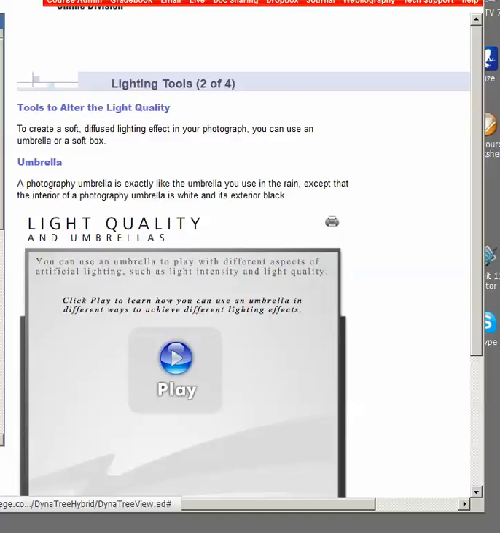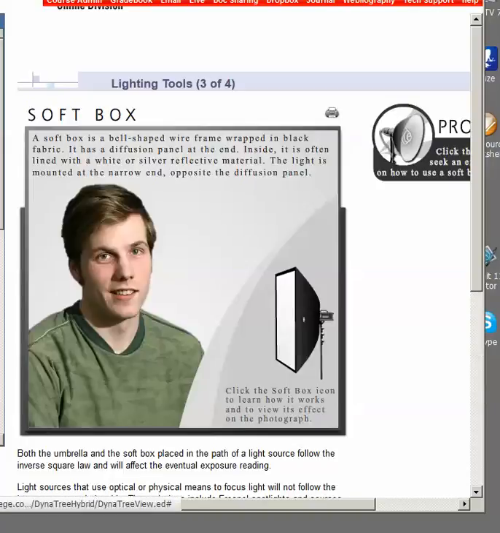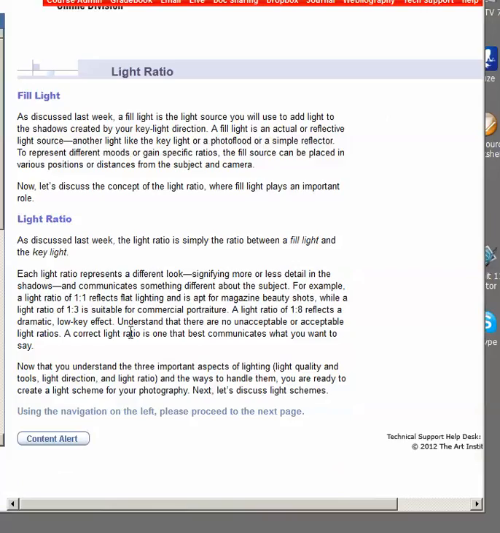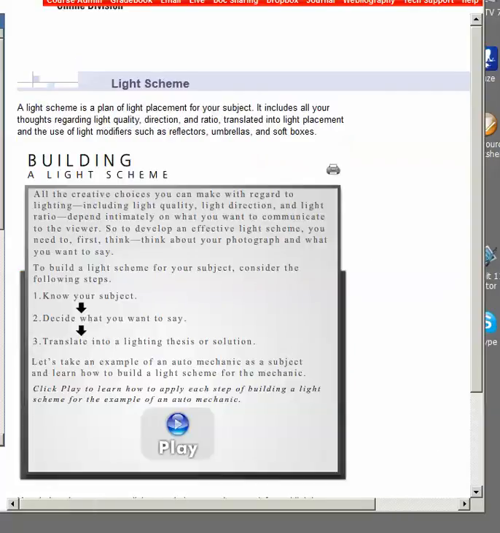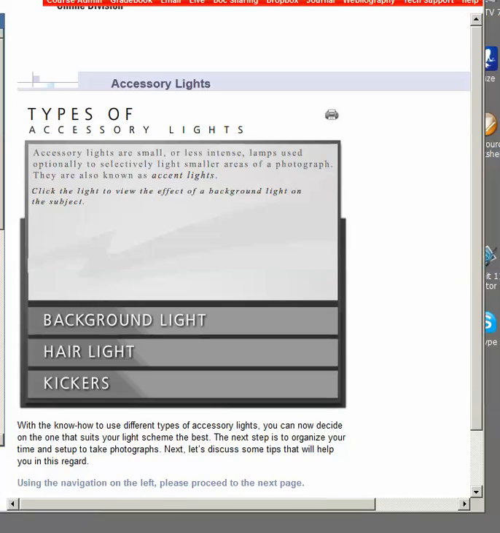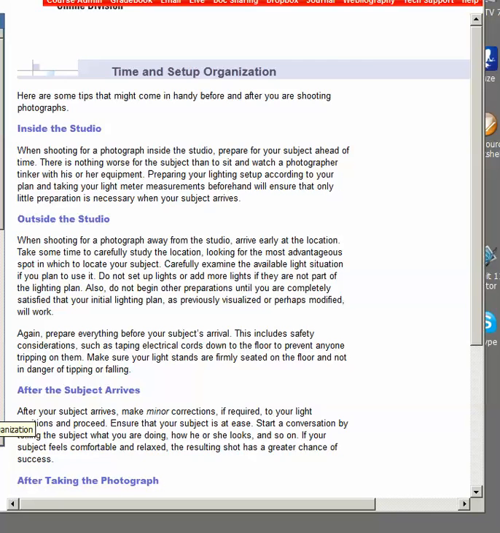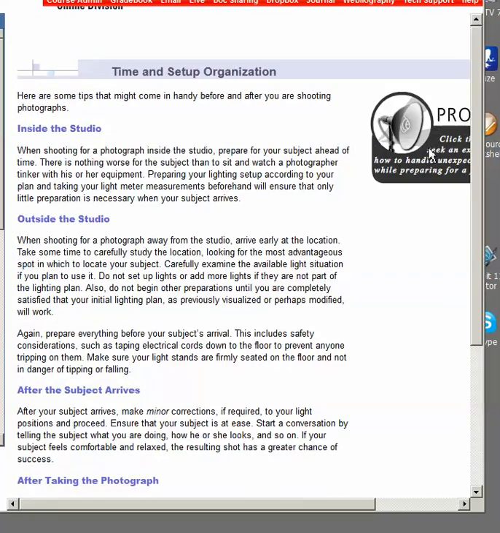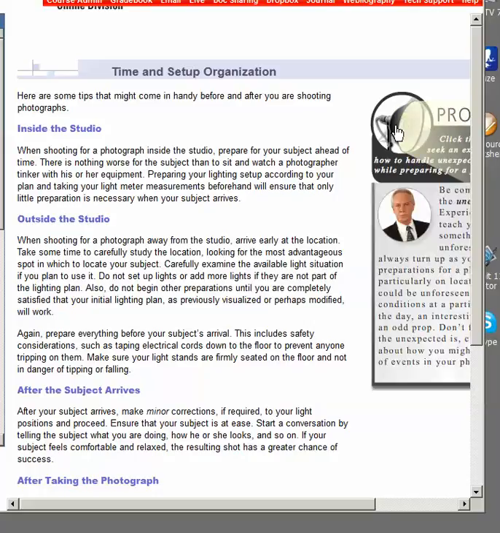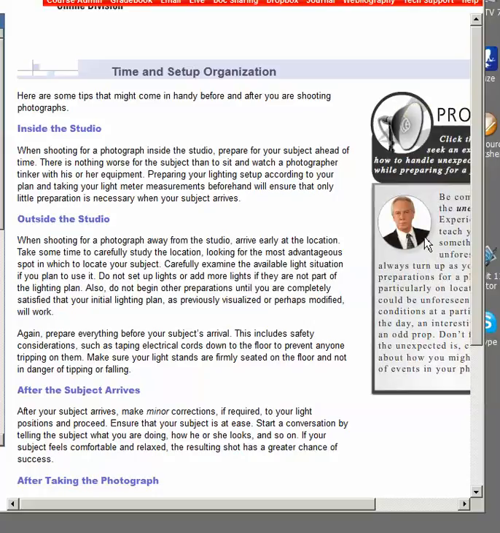There's a great section in light ratio here that gives a nice description on how to create light ratios. You could have even quoted the movie that I give you in the announcements on how to meter light ratios. There's different light scheme movies here, and then a little bit about accessory lights. Time organization and setup suggestions, and pro tips are always really helpful. You can always quote those.